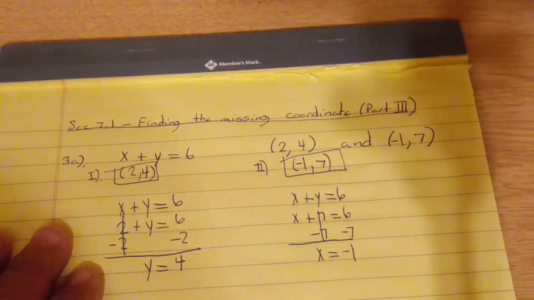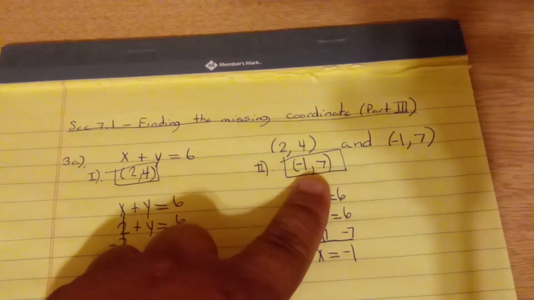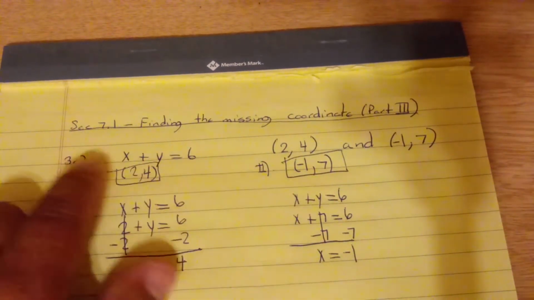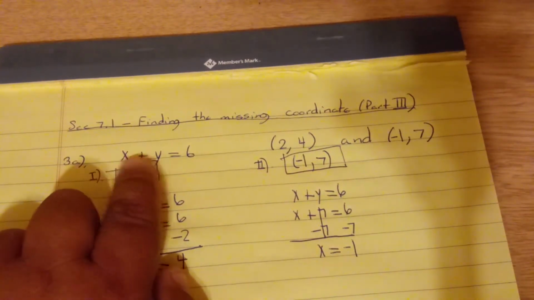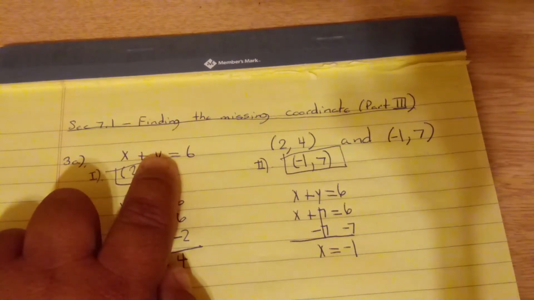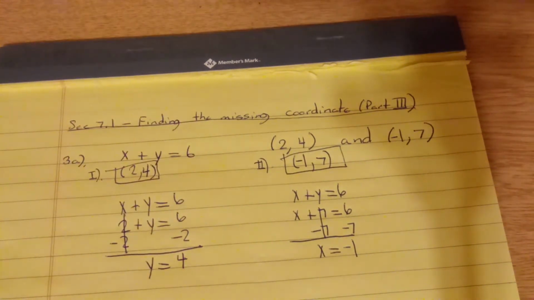And that's pretty much what we do here. Once again, if you want to verify this answer, simply substitute the values for x and y. So negative 1 plus 7, subtract, keep the sign of the larger one, does give you what? 6. Just like you would verify equations, the same thing here.